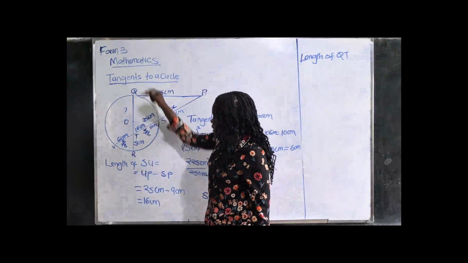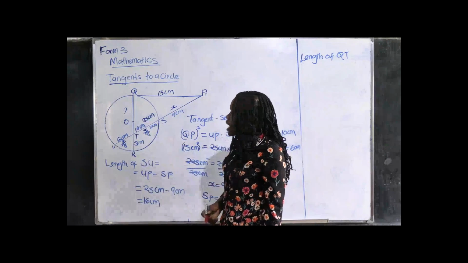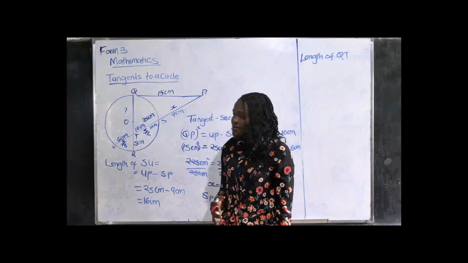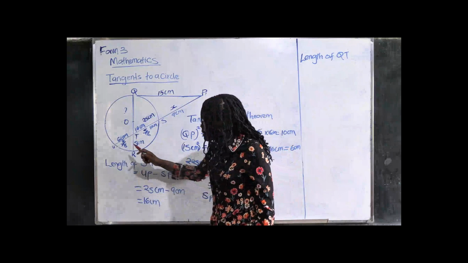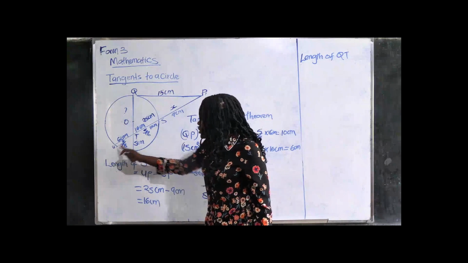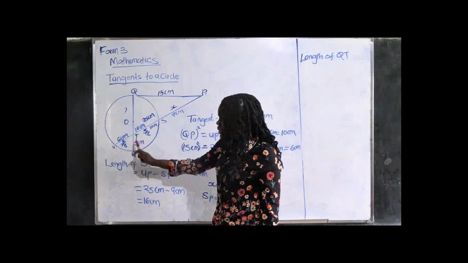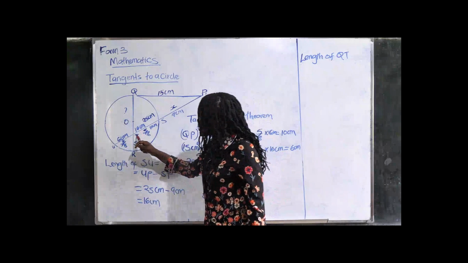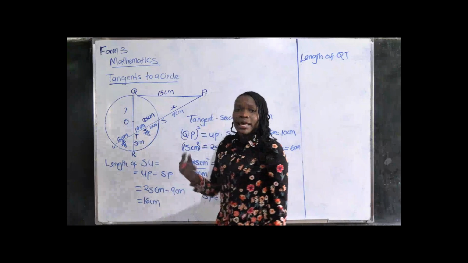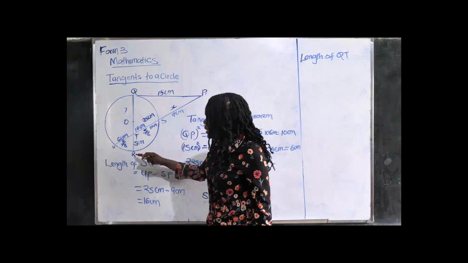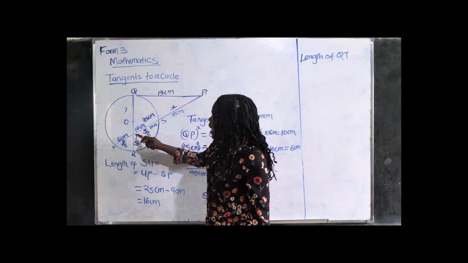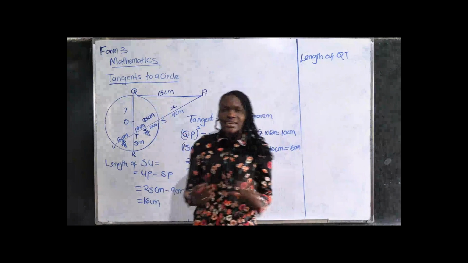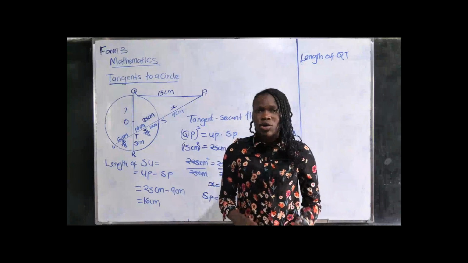We have called QR or RQ. The relationship that you're supposed to know is line UT times line TS is equal to line RT times line TQ. That is the property of intersecting chords.